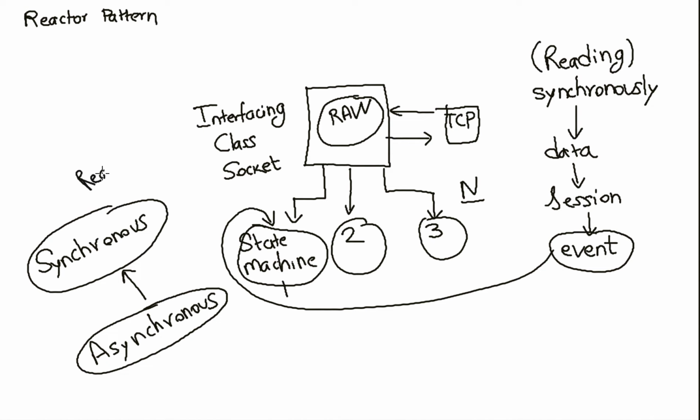The class that is taking input from the TCP interface is actually implementing the reactor pattern. It is taking the data synchronously and passing it on asynchronously to other state machines or other sessions.